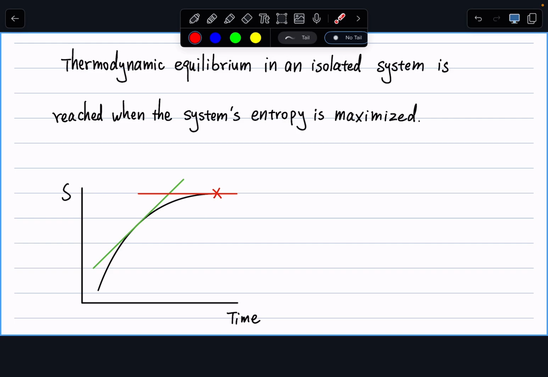How do we rationalize it? Imagine we have a plot where the y-axis is entropy and the x-axis is time, how long we take to reach equilibrium. This cross here means we have reached equilibrium. Prior to reaching equilibrium, my processes are irreversible; we're moving towards equilibrium. So for irreversible processes, we have our dS larger than 0.